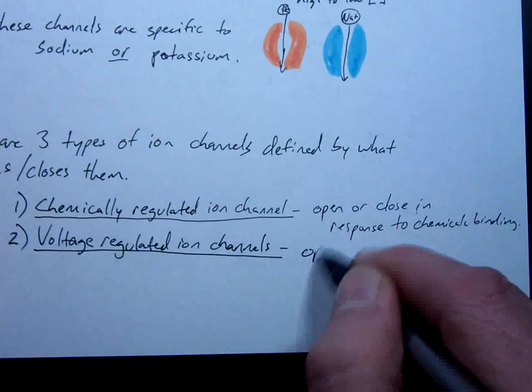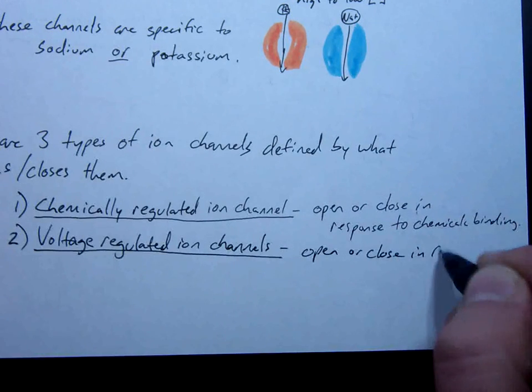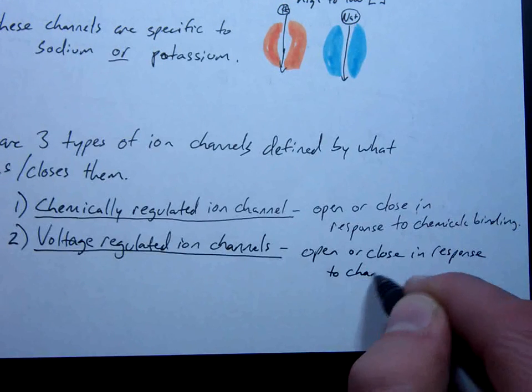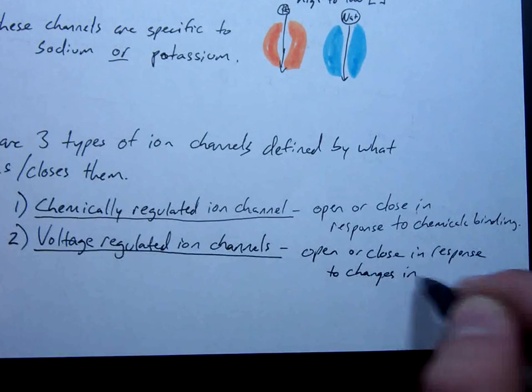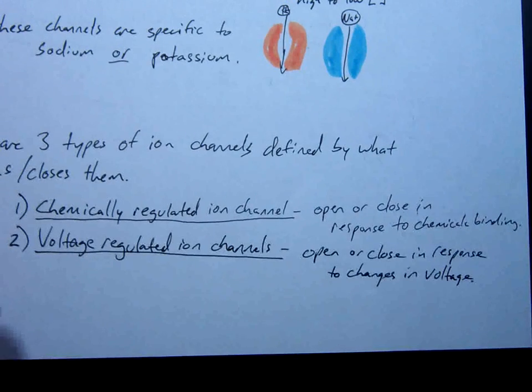They open or close in response to changes in voltage. And voltage, in this case, being transmembrane potential. When something changes there, they'll open or close. That's how most of them operate. That's how most of the information is sent through your nervous system. It's as a result of these guys opening and closing.